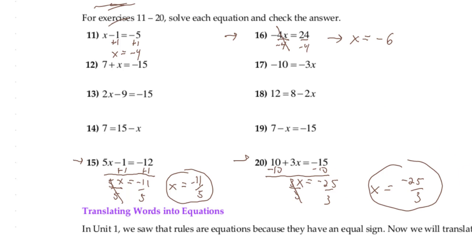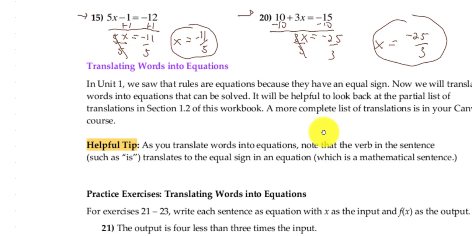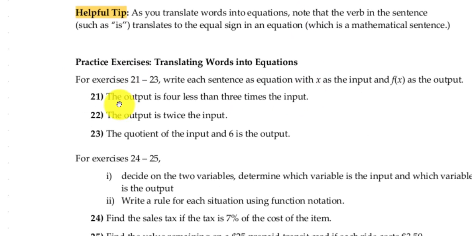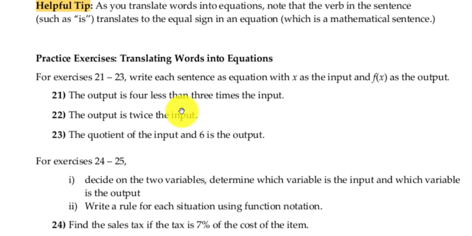Next, it says translating word problems into equations. So, for example, if you look at the practice exercises, it says the output is 4 less than 3 times the input. And I think they're telling us that the word input is the x and f of x is the output. So you can either use the letter y or f of x, okay?